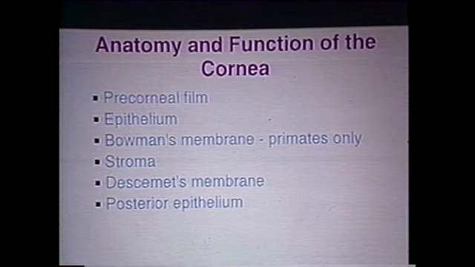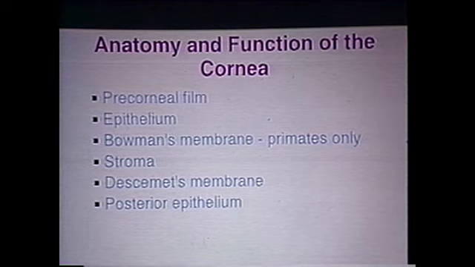The bulk of the cornea is made up of the collagenous stroma, which provides rigidity to the cornea. We then have a thin membrane called the Descemet's membrane, which in H&E section is sometimes not readily visible, particularly in rodents. And on the inside of the cornea lies the posterior epithelium or endothelium, which has an extremely important function with respect to the pumping of fluid and ions.